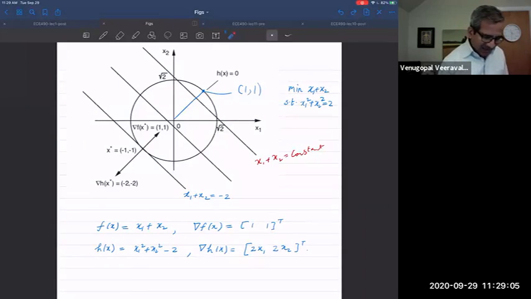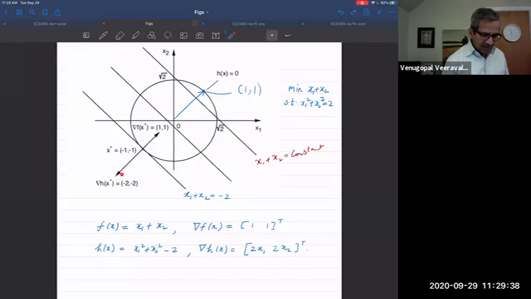So the gradient vector basically goes in this direction from here. This is the 1, 1 point, so at this point the gradient is going this direction. And if I look at the gradient of h, that's 2x1, 2x2, which you can compute easily. And you see that the gradient of h at -1, -1 is -2, -2, going in this direction. This is the point -2, -2.